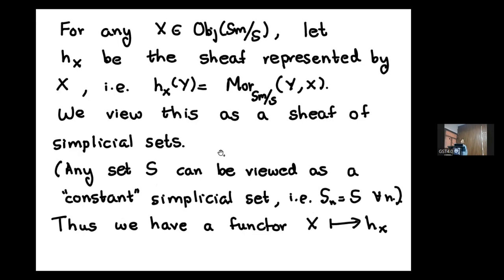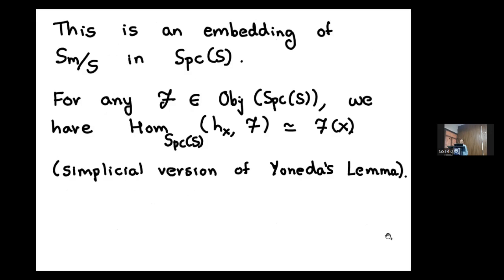So this allows you to see every set as a simplicial set, and so in particular, every sheaf with values in sets is also a simplicial sheaf. Okay, and so we have this functor which takes X to Hx, which is an embedding of my original category into the category of spaces.